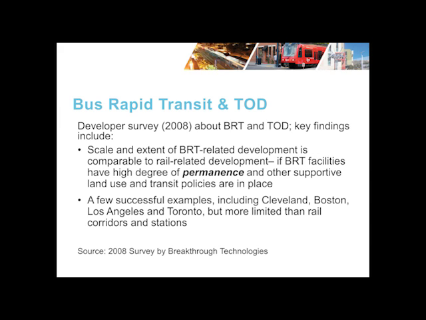Unlike a rail station, bus rapid transit can have a whole range of facilities, and where they found developers agreed there was a common opportunity was when the permanence of those facilities, whether it's the station or a dedicated bus lane or something that would establish that as an area that could be used as a catalyst for development. So that I think is encouraging in terms of BRT projects, but we need to obviously see more examples around the country too. With that, I think is your slide.